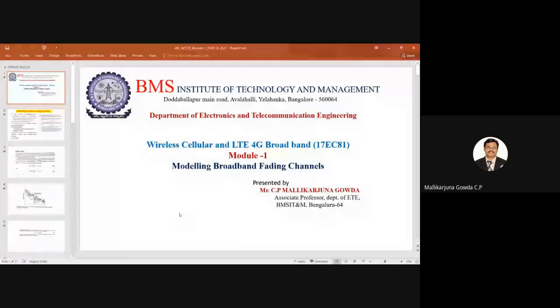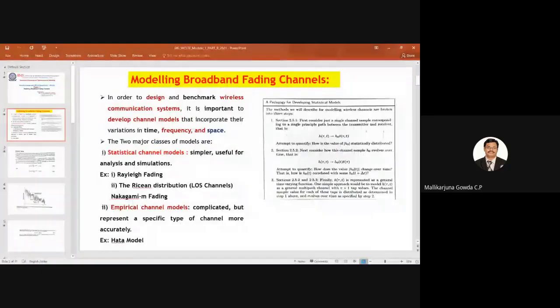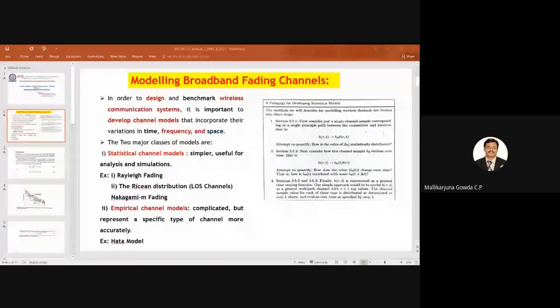Hope you are able to see the slide, right? So modeling of the broadband fading channels.